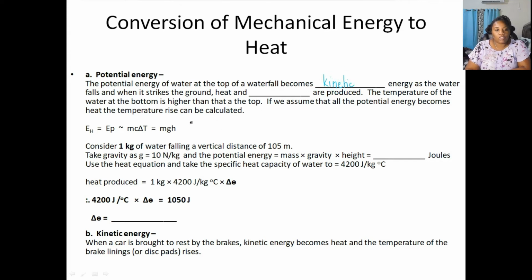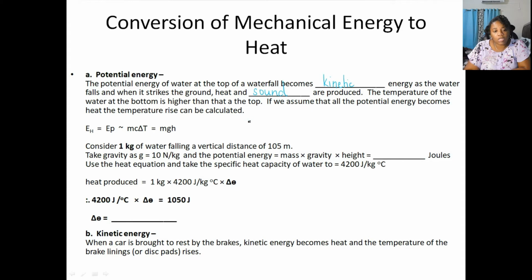And when it strikes the ground, heat and dash are produced. Yep, heat and sound. You could hear a waterfall falling before you even find it. So the temperature of the water at the bottom is higher than that at the top. If you assume that all the potential energy becomes heat, the temperature rise can be calculated.